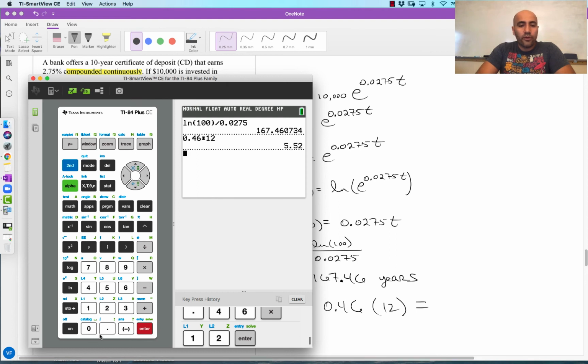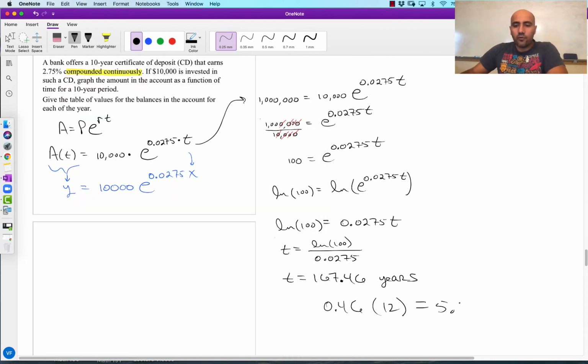So we can do 0.52 times approximately 30 days, that'd be about 15 days. Let me write down. This is 5.52, so this would be 5 months, and this is going to be 0.52 of a month.